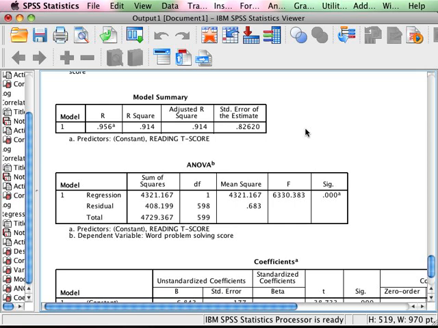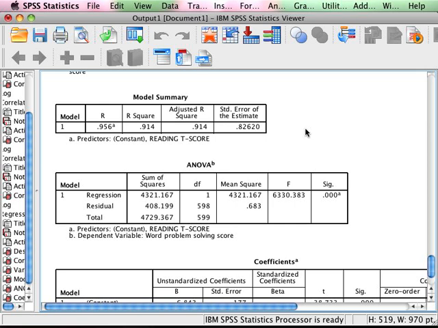If I look at my ANOVA table, how many people do I have here? Why would you get 600? Degrees of freedom. All right. Yes. Degrees of freedom total plus 1.